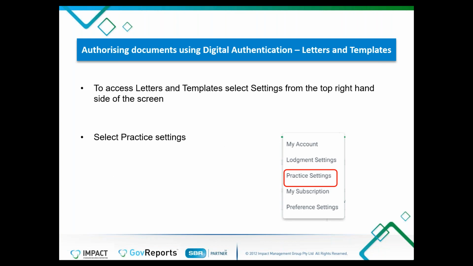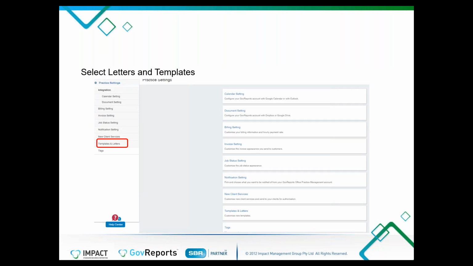So to access the letters and templates, we select the settings in the top right-hand side of the screen, which is your little cogwheel. And from there, we choose practice settings from the drop-down menu. When the screen pops up on the left-hand side, you select templates and letters, funnily enough.